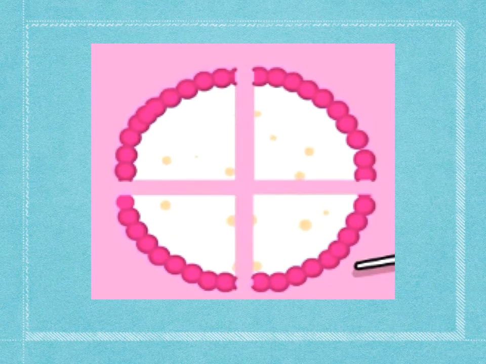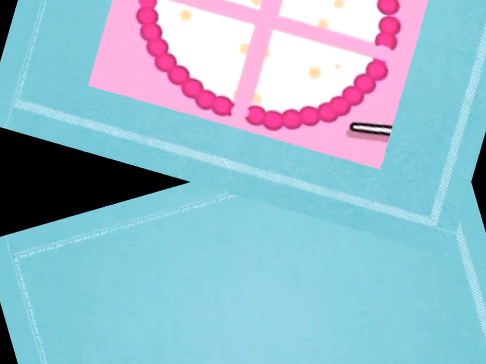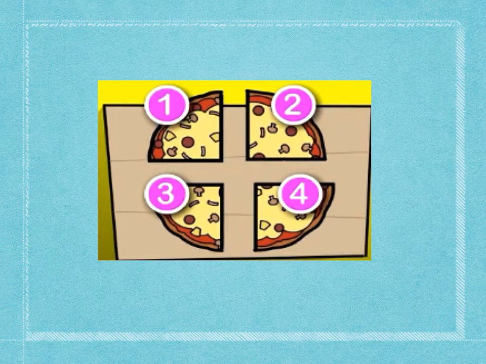What have you learned from the video about fourths or quarters? Yes, that's correct. A cake for a party was partitioned or divided into 4 equal parts. Another is, a pizza pie is also divided into 4 equal parts.